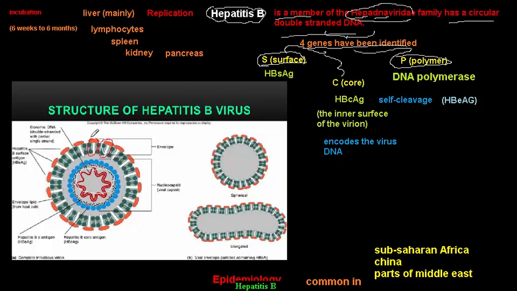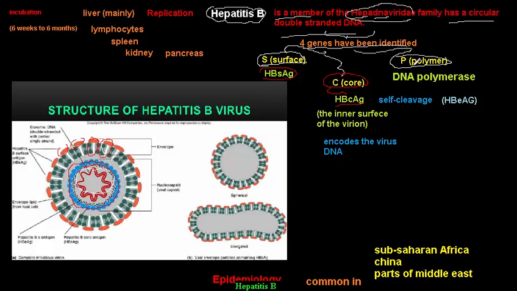So this is the structure that we call the surface antigen, which is encoded by the surface gene. The C or the core gene encodes the core antigen, hepatitis B core antigen. You can see the blue thing here is the core antigen of hepatitis B.